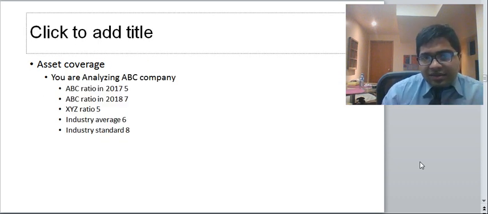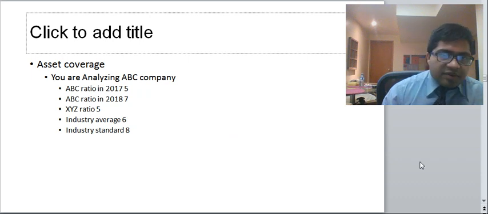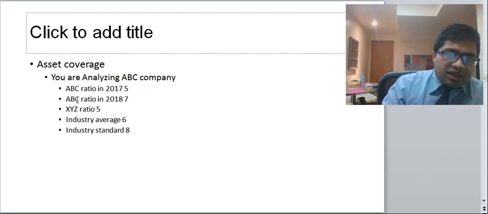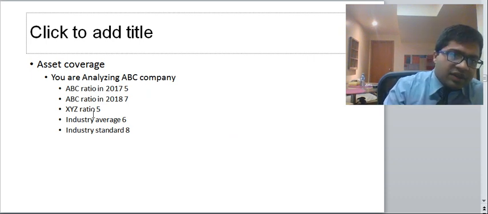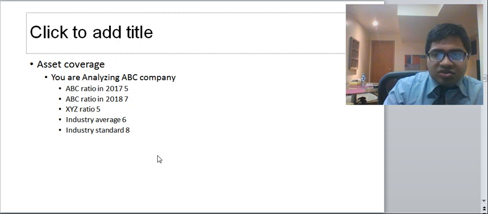So you're analyzing asset coverage for ABC. ABC's ratio is 5 in 2017. It went up to 7 in 2018. So asset coverage has improved. So company has more assets for its liabilities. That's a good sign. As compared to its competitor and industry average, it is good, but as compared to industry standard, it is not good.